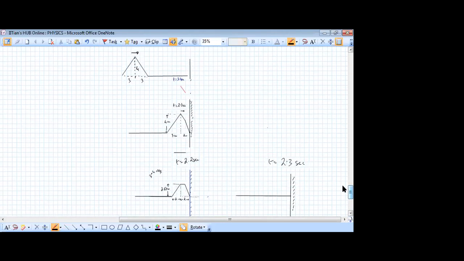So these are the shapes that I'm getting. So guys, hope this is clear to all of you.